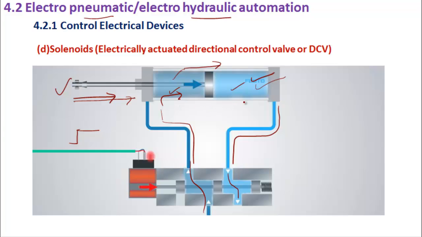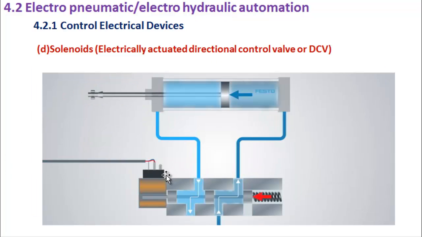It can move all the way back. So that is how we are moving the piston. Now in the second case, suppose we want to move this piston in the forward direction, then what should happen? This should go out and this air should come through this way, isn't it?